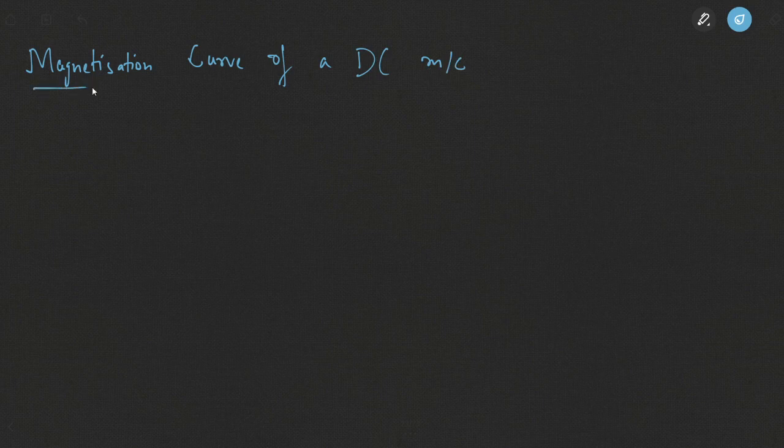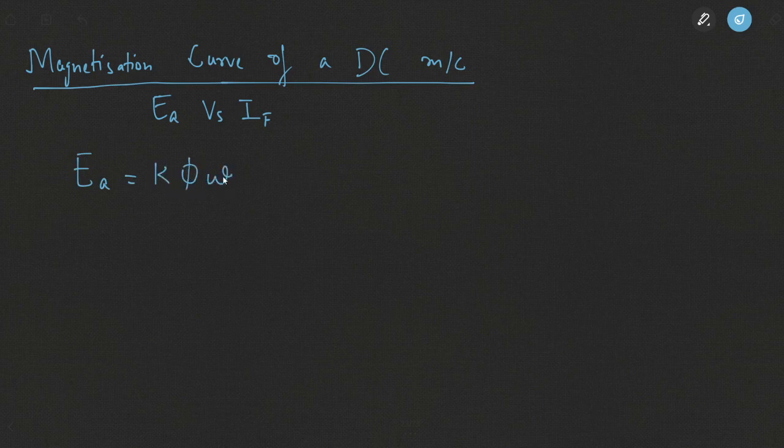So the magnetization curve of a DC machine is simply the plot between the internal generated voltage EA and the field current. It's a plot between EA versus IF. Now, internal generated voltage we know is equal to K phi omega.